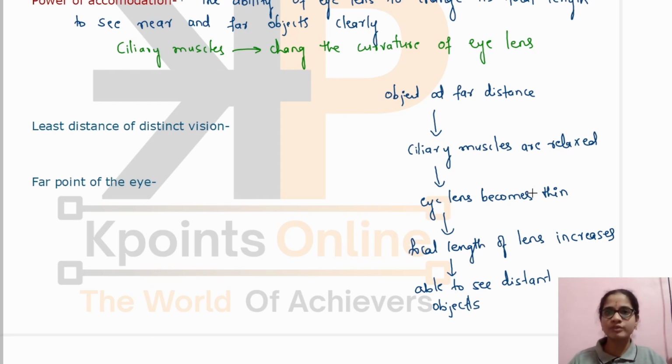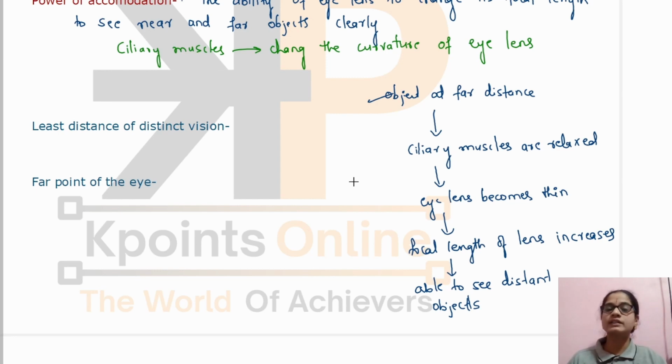We want the image to be formed on the retina only, so the focal length should be changed. And when the focal length is changed, we are able to see the distant and near objects clearly. What happens when the object is at far distance? The ciliary muscles are relaxed so that the eye lens becomes thin and the focal length of the lens increases, so that the image will be formed on the retina only even when the object is far away from us.